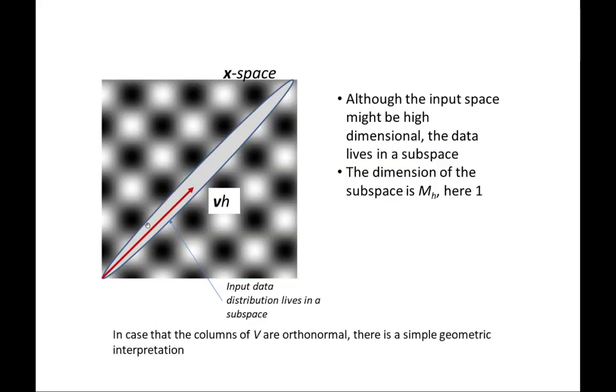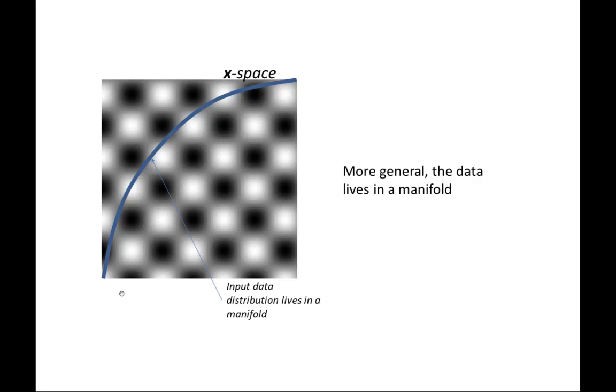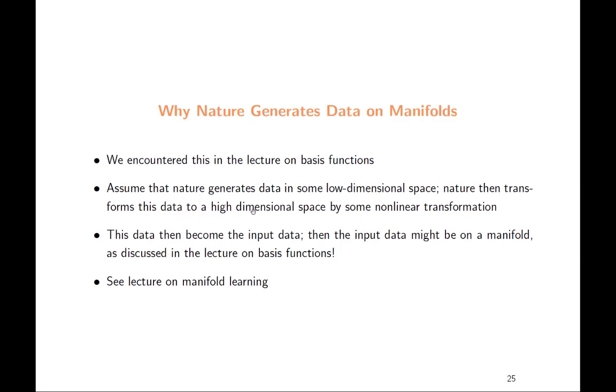So here's an example. The data is really on the submanifold, so the input dimension is really in a way 1, so the degrees of freedom is 1, although the input data lives in this two-dimensional space x1, x2. Or if this distribution is not on a linear space, then it's called a nonlinear manifold. So manifold also indicates that this is sort of smooth here.